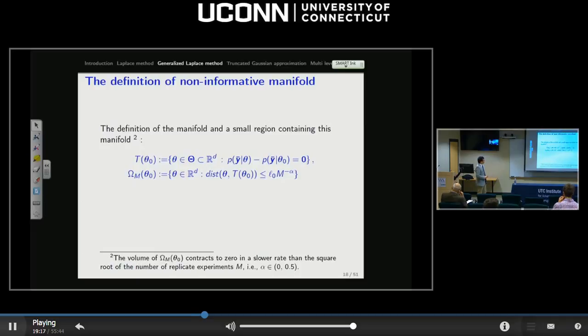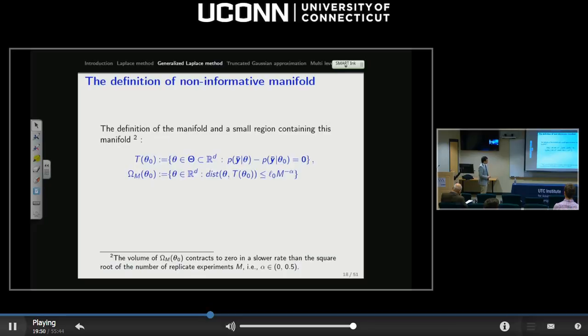And we define omega m, a very small region, as the set of theta with distance to the manifold smaller than L naught times m to the power minus alpha. And we can show that this definition allows you to shrink this region. So when m becomes large, this omega m actually shrinks. So if you're collecting more and more data, you don't need a very large omega m.